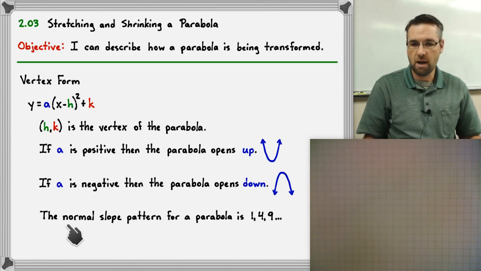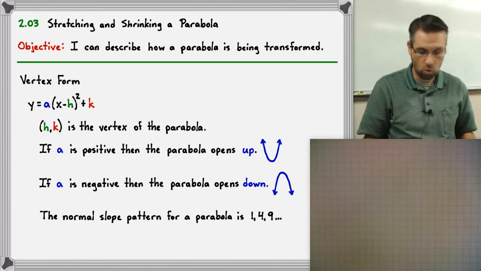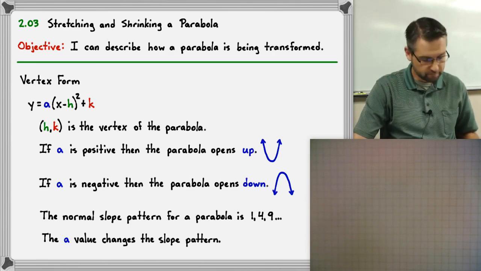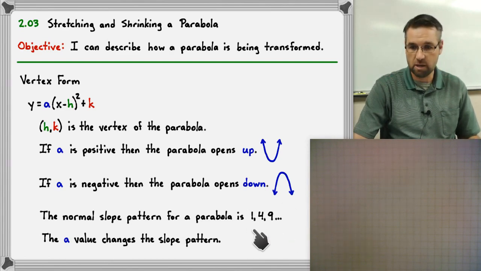But we're going to talk about what happens when the a value is something other than 1 or negative 1 and how that affects the slope pattern today. So the a value changes the slope pattern. If a gets bigger, then these values are going to get bigger. If a gets smaller, then these values are going to get smaller.